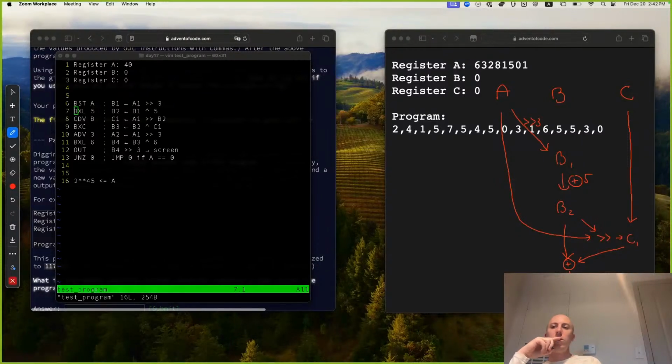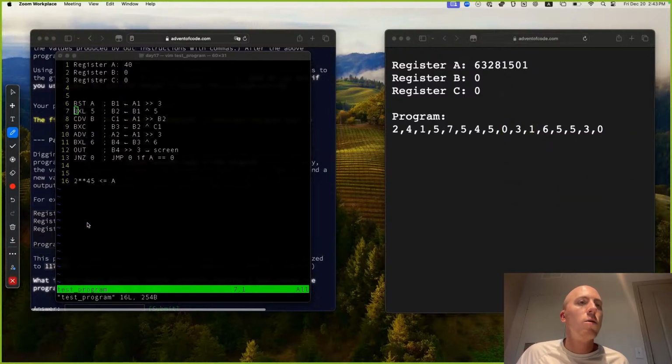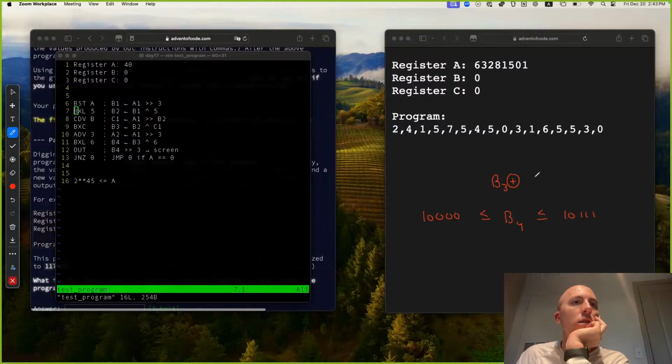Where do we go now? Maybe that thing that we were saying before, where we're going backwards: B4 is less than or equal to, to print out 2, is this, and then it's equal to B3 XORed with 6.